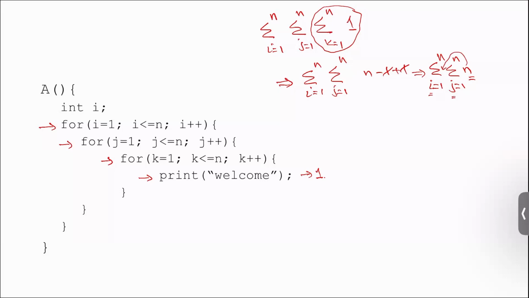So let's move this n outside both of these summations. So n times summation i from 1 to n, summation j from 1 to n. Whatever remains is only 1 once again, because n is multiplied with 1 if you take n out. So 1 is remaining there.